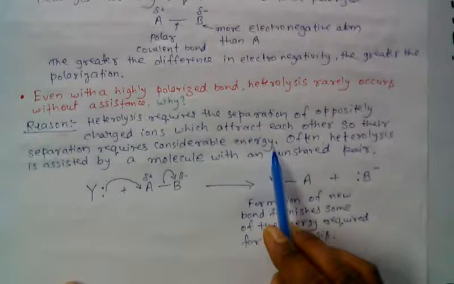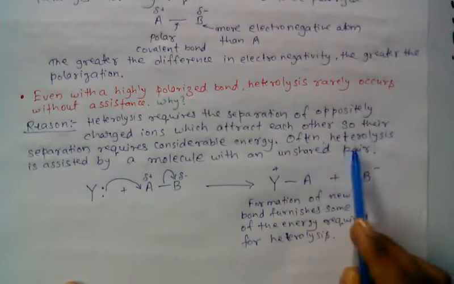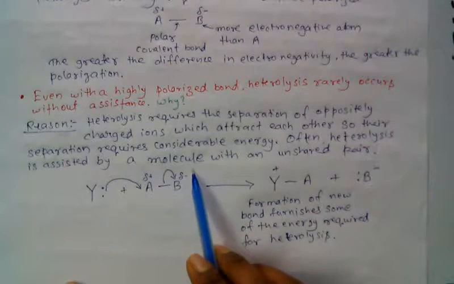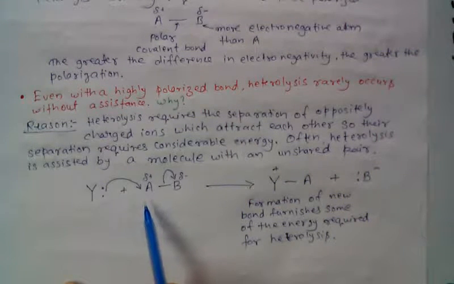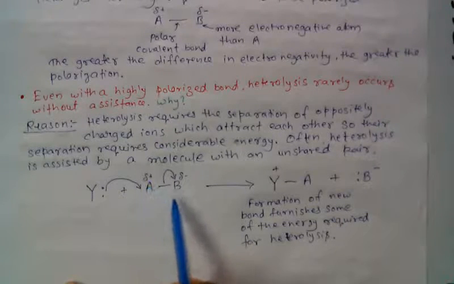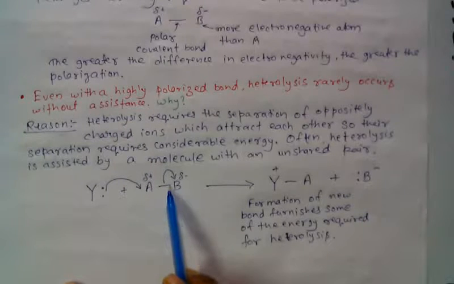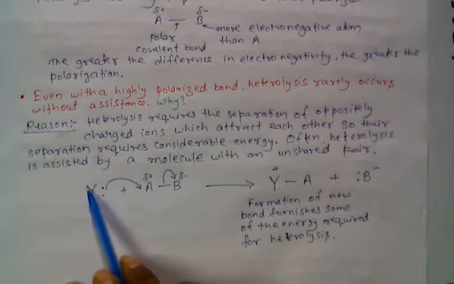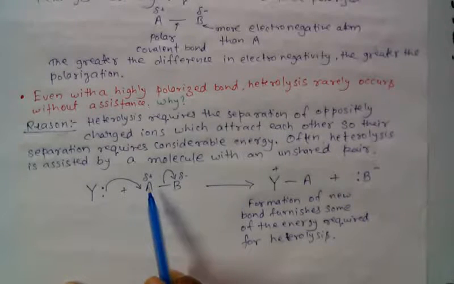There are many ways in which we can give the energy, but often heterolysis is assisted by a molecule with an unshared pair. As you can see in this example, here is a polar covalent bond. A has partial positive and B has partial negative, but this bond will not break by itself. A third molecule with a lone pair attacks this A, which has partial positive charge.